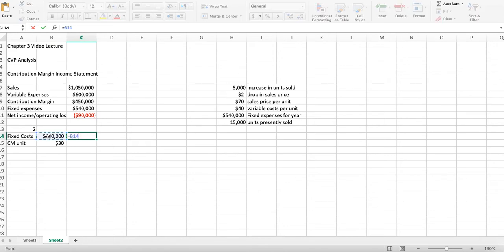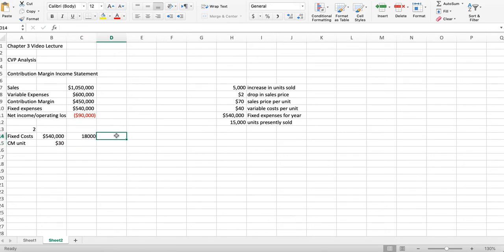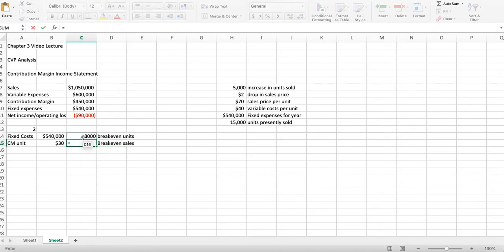So $540,000 divided by $30 per unit gives us 18,000 units, and that is our break-even units. To get our break-even in sales, we can simply take that number of units and multiply it by our sales price per unit. So if we sold $1,260,000 worth of product at $70 per unit, we would break even, with zero profit, zero loss.